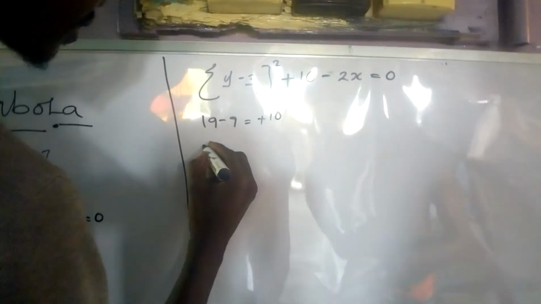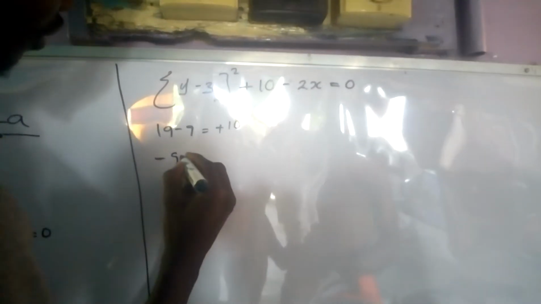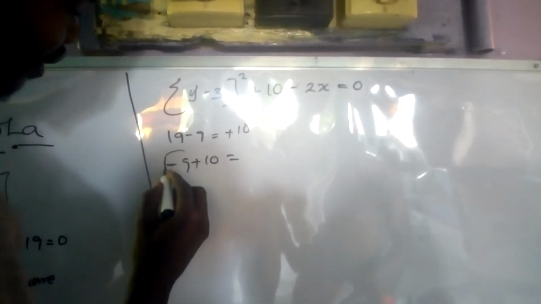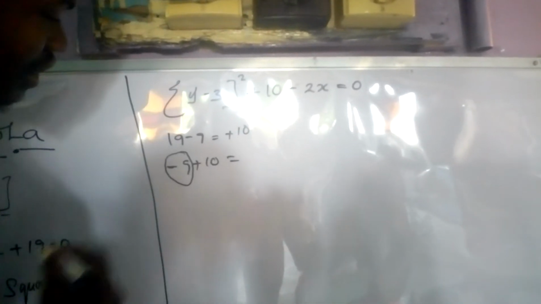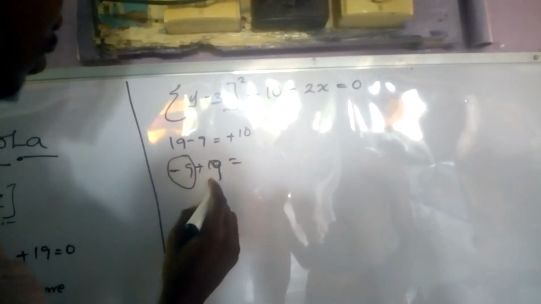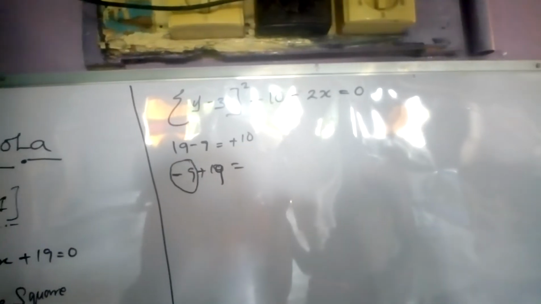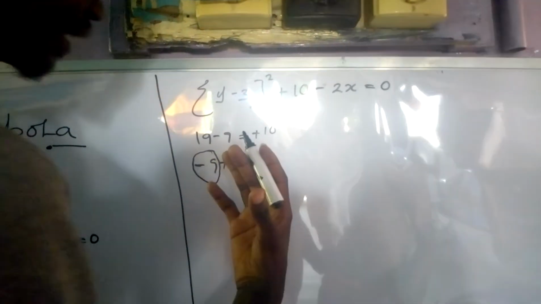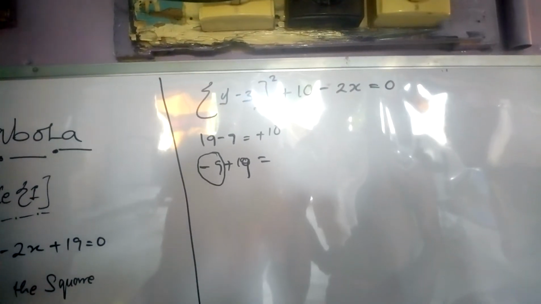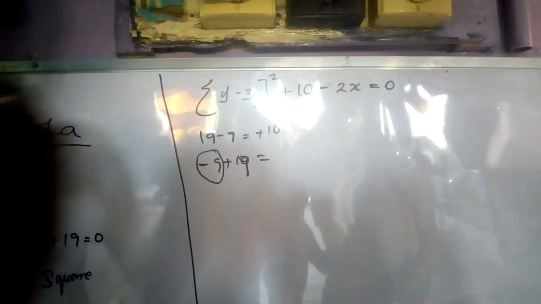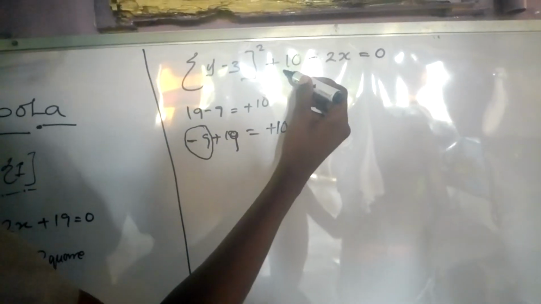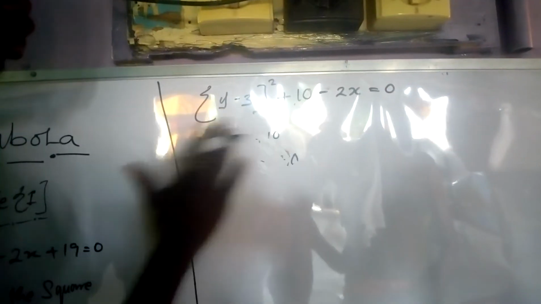It is like I'm owing you 9, so I give you 19 naira. How much are you giving me back as change? You are giving me plus 10. That is the reason why I write plus 10 here. So we are moving forward.